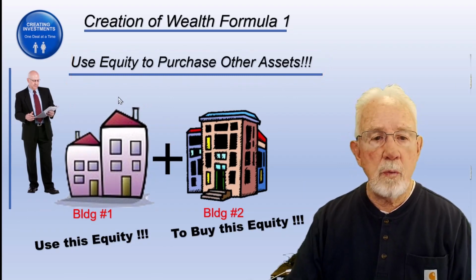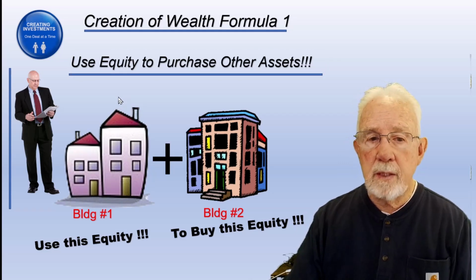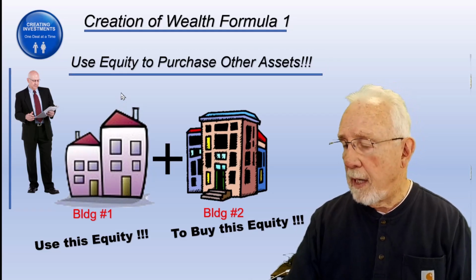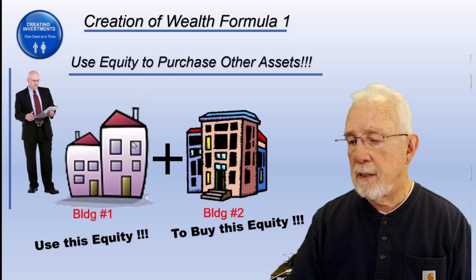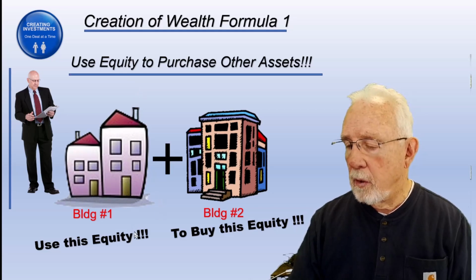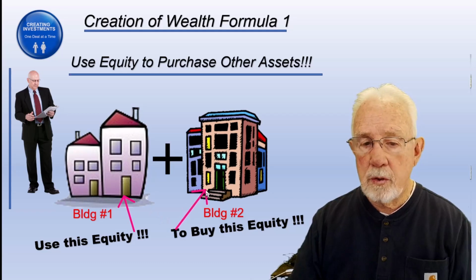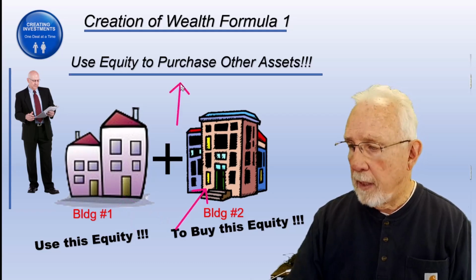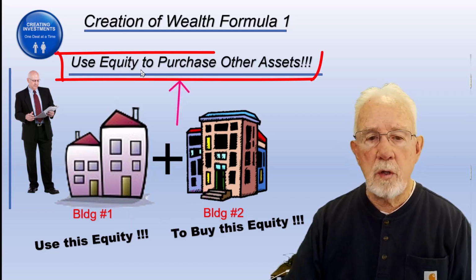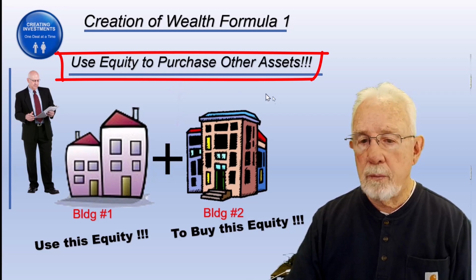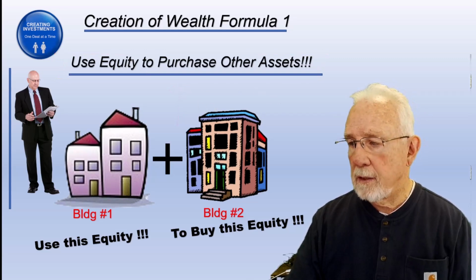The creation of wealth formula means that you use your equity in your asset to purchase another asset. So we're going to use the equity in this building to purchase this building. The creation of wealth formula is use your equity to purchase other assets.